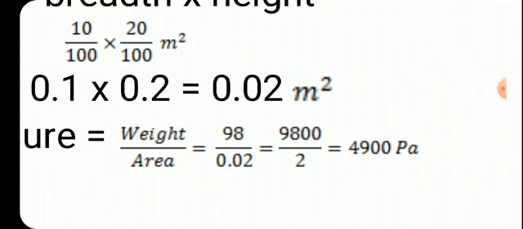So the pressure exerted by surface BCFG is 4900 Pascal. Here maximum pressure is exerted by surface BCFG because the area of contact is least and therefore maximum pressure is exerted.